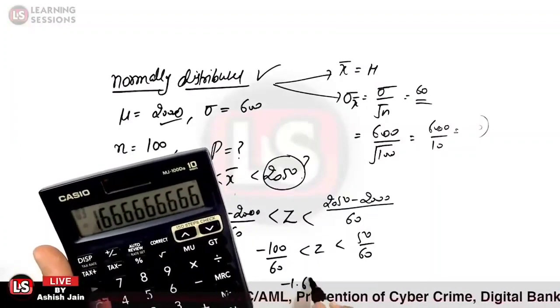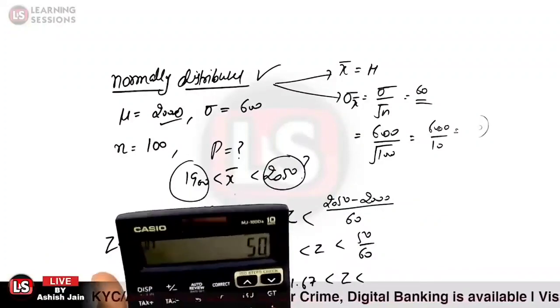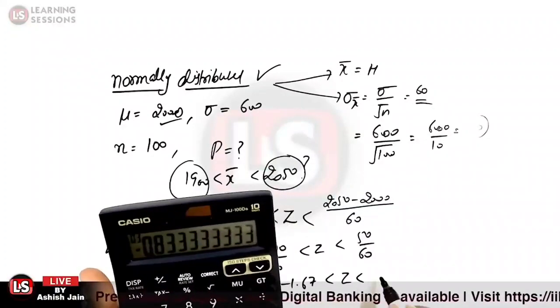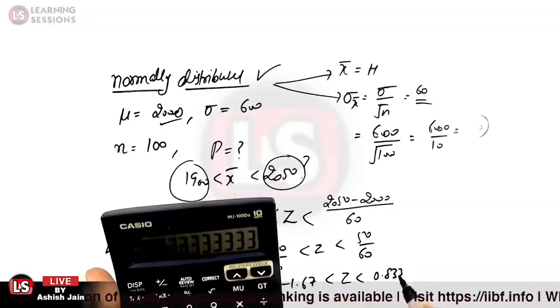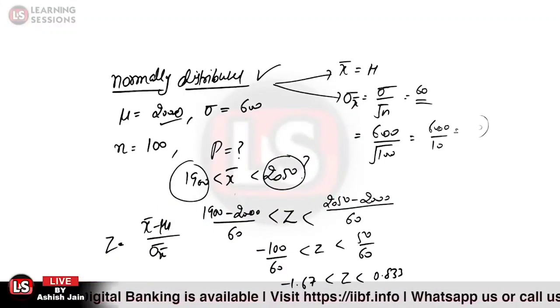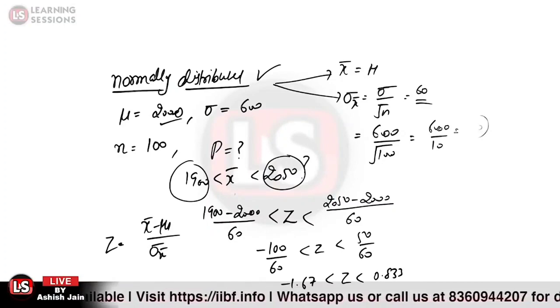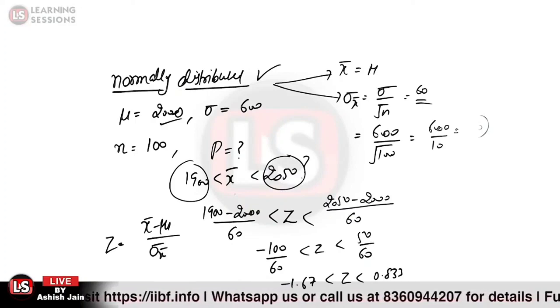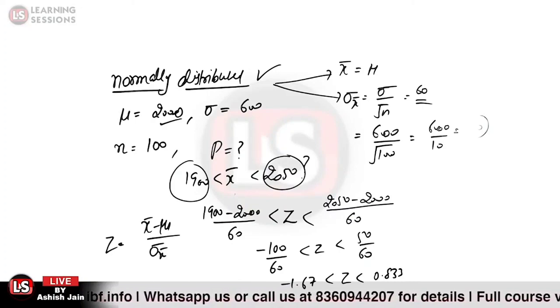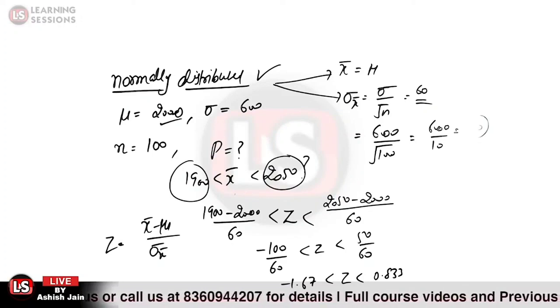So it is minus 1.67, and 50 divided by 60 is equal to 0.833. So z is lying between minus 1.67 and 0.833.